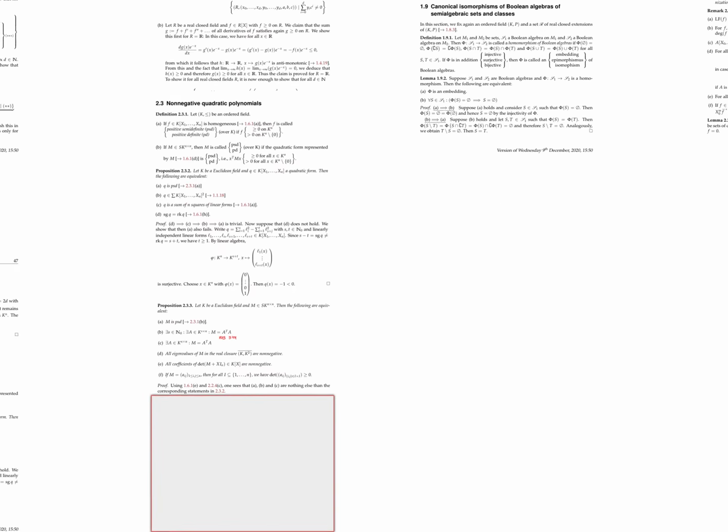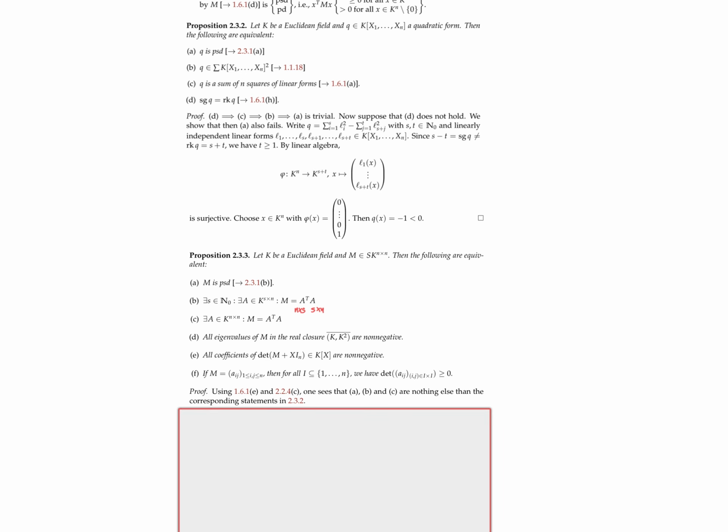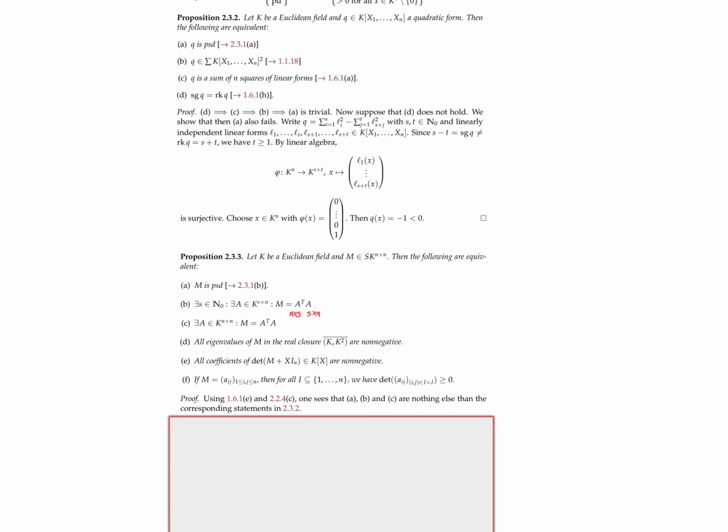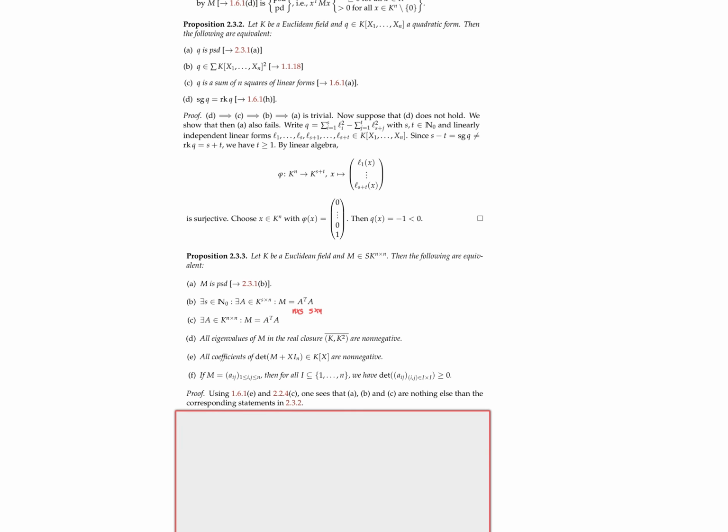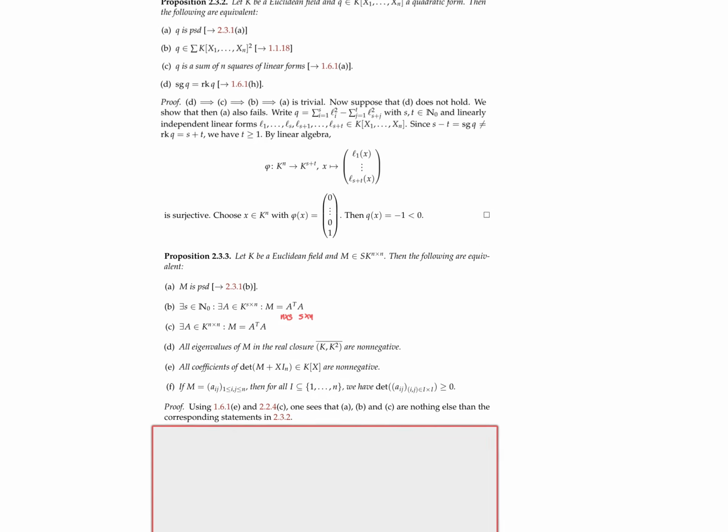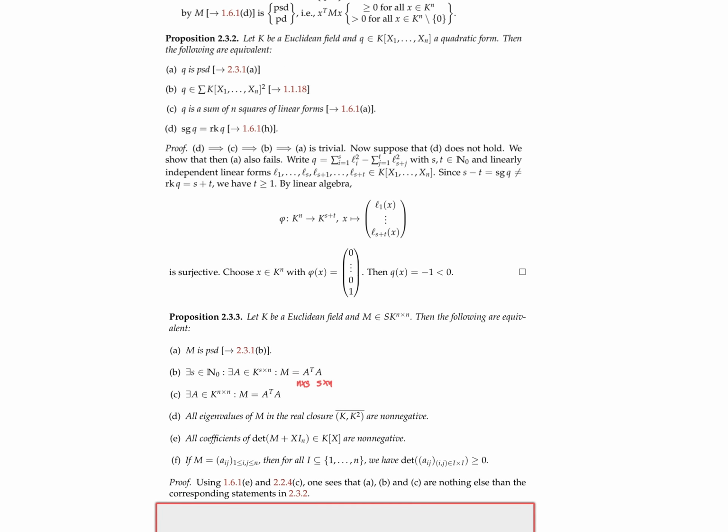Okay. So let's see if you can use this. I claim that the equivalence of A, B, and C follows from the equivalence of A, B, and C above here. The first thing is, if M is the representing matrix of Q, so you could choose Q such that M represents Q, then M is PSD if and only if Q is PSD.